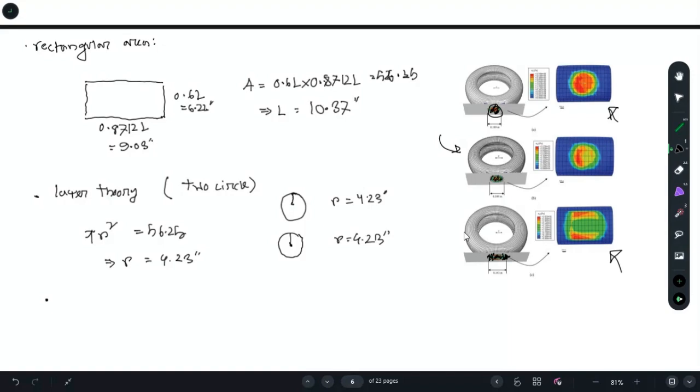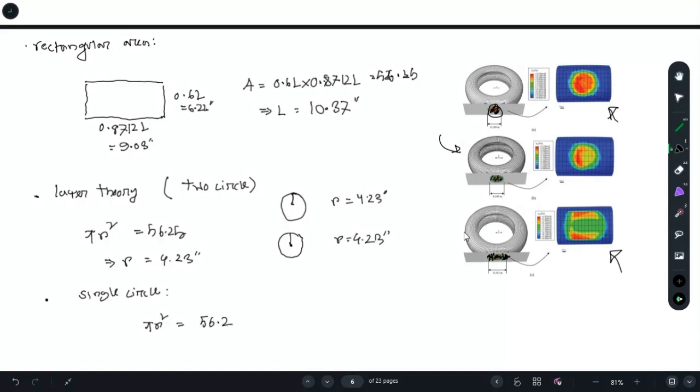And in other analysis, sometimes we assume that the contact area forms a single circle. For that, we will assume that the contact area has been adjusted by multiplying with 2.